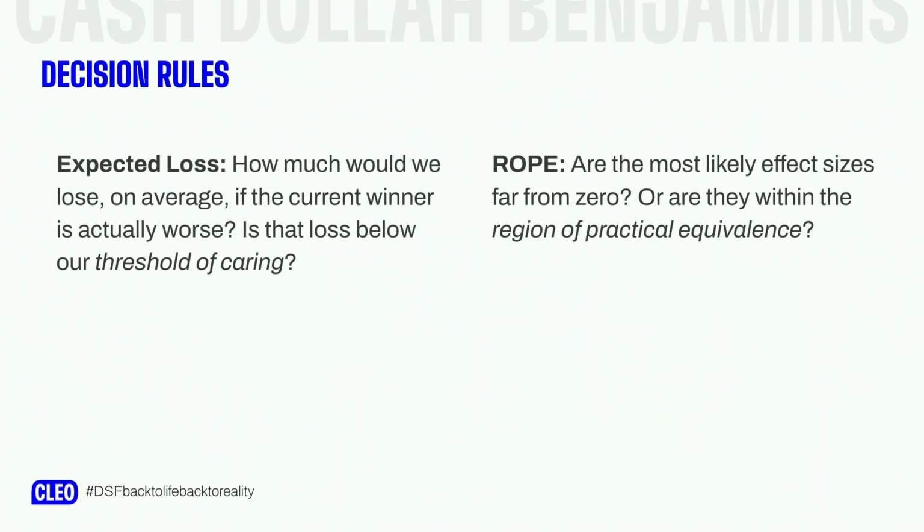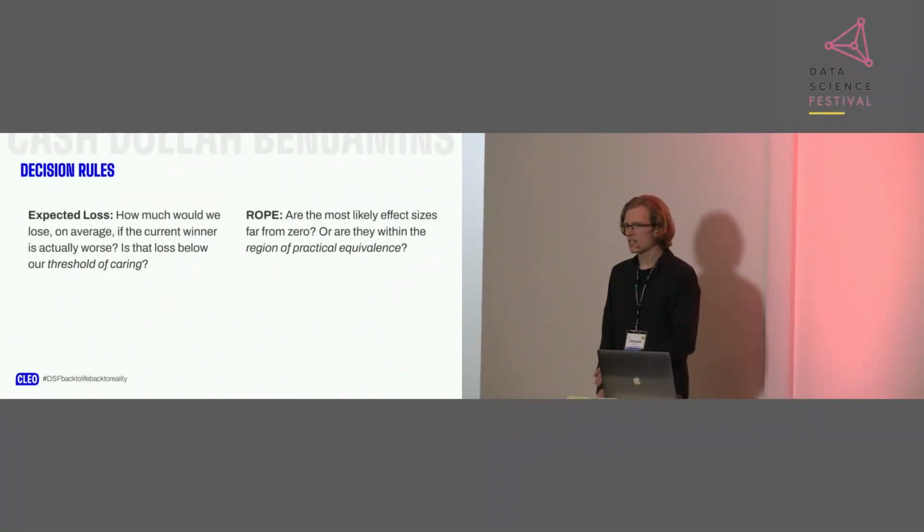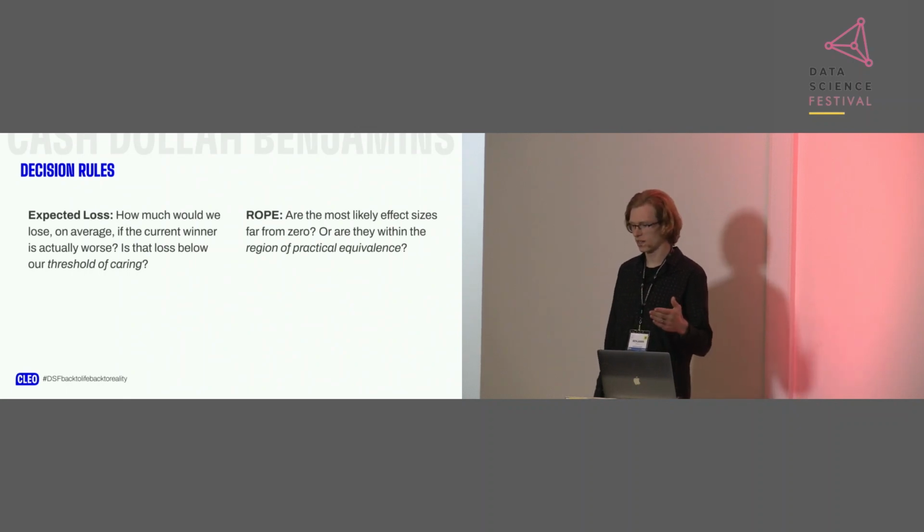So expected loss means how much would we lose on average if the current winner was actually worse. And so expected loss is in the units of your success metric. So say it was like your success rate, the user's success rate of setting up bills, then an expected loss of 0.1 would mean 10% of users.